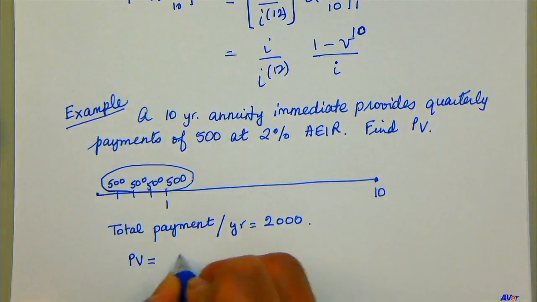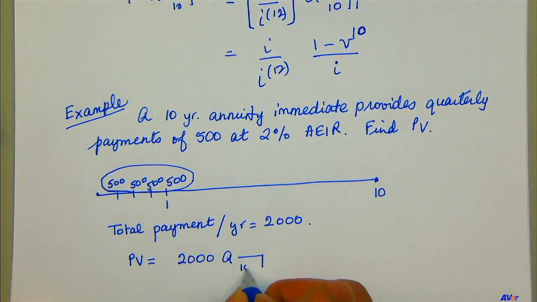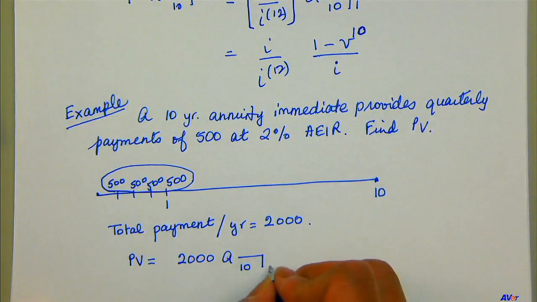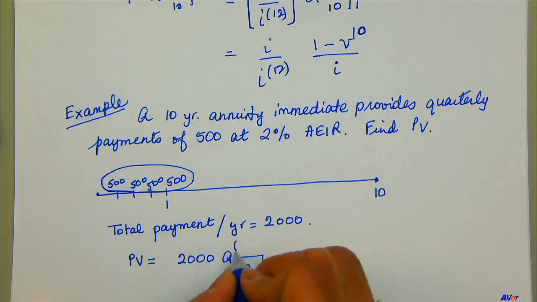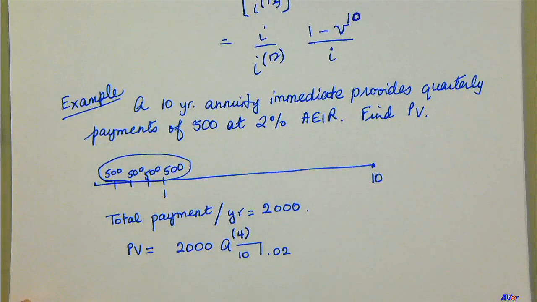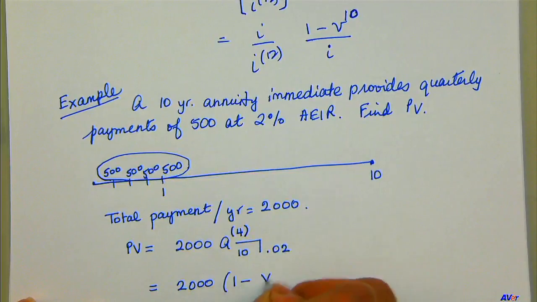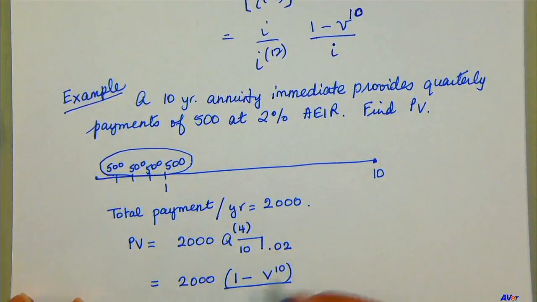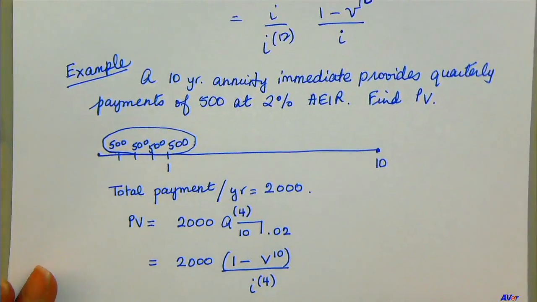Present value equals 2,000 a angle 10 at 2%, with a superscript here of 4, because payments are 4 times a year. That's it, finished. Clean it up. Equals 2,000 times (1 minus v^10) divided by i^(4). Not i, but i^(4).